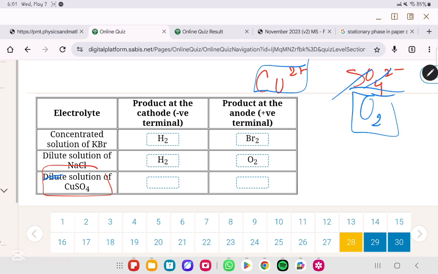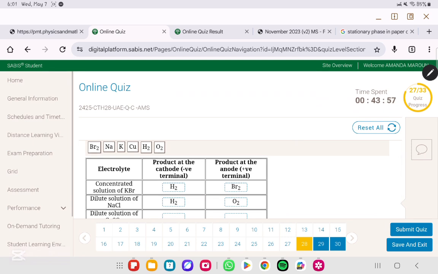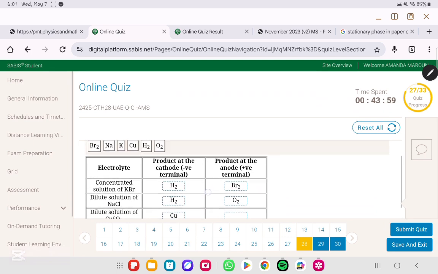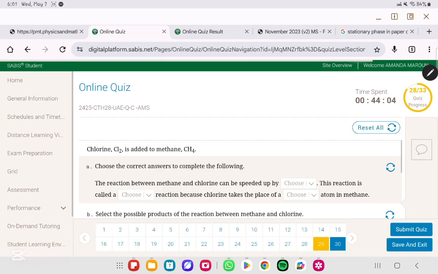But at the cathode, it varies, it depends. It could be copper, Cu, because copper is a strong metal, or silver, Ag. These two metals. Since copper is strong, it's not going to be displaced by the hydrogen. So very simply, it will be formed at the cathode, and at the anode, you will have oxygen being formed.